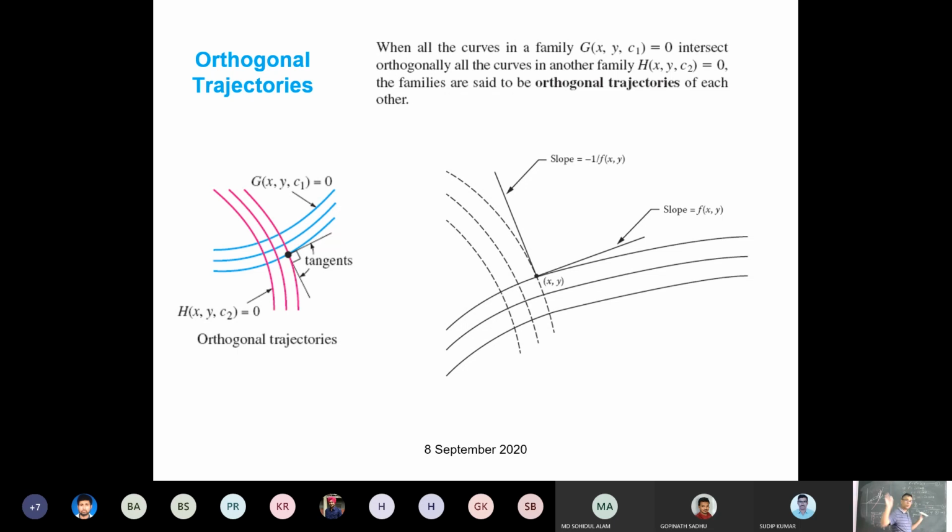I want the whole orthogonal trajectories. It is given by simply replacing it by what? -1 by r d theta by dr, and that is equal to what? r equal to 2c sin theta. Okay, fine. So then can you solve it?